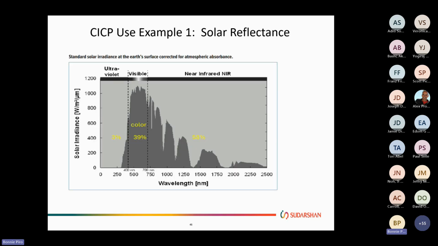So the problem area is in the near IR, which makes up about 58% of the sun's irradiance. The color space that we see in the visible space is what we see with our eyes, but we have to deal with that 58% from a technical property perspective.